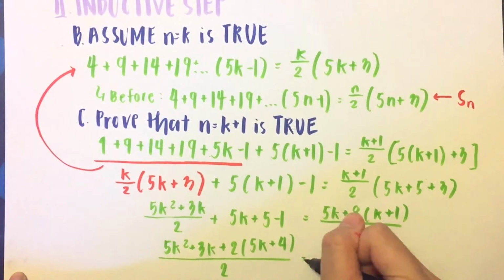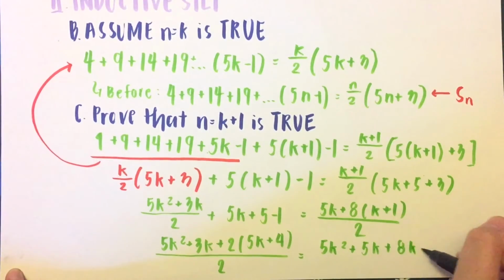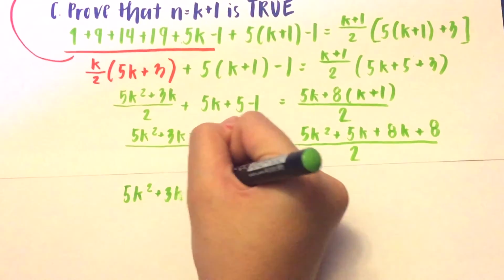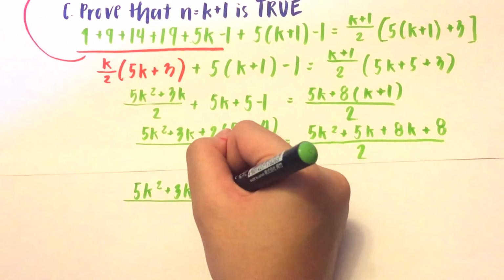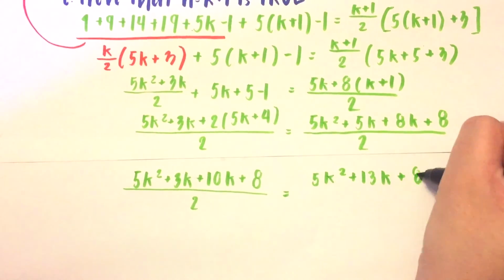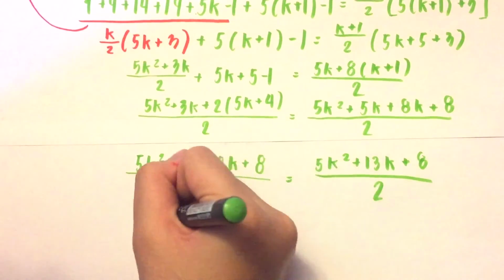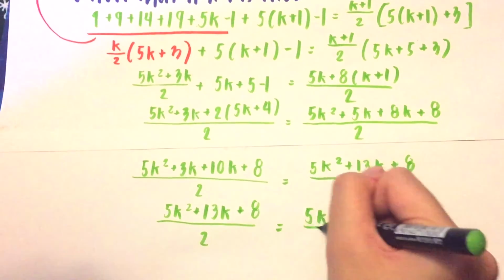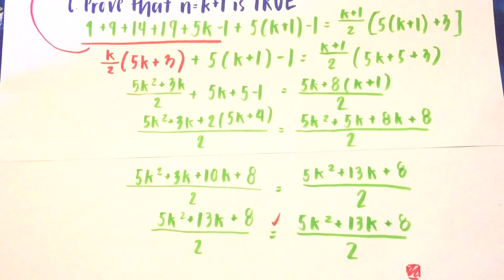Now we put everything in one fraction and we get 5k squared plus 3k plus 2 multiplied by 5k plus 4 over 2, plus 8 over 2, and on the other side we have 5k squared plus 13k plus 8 over 2. We add like terms and now we get 5k squared plus 13k plus 8 over 2, and the same on the other side. So now we have proved it. Therefore, the statement holds true for n equals k plus 1.